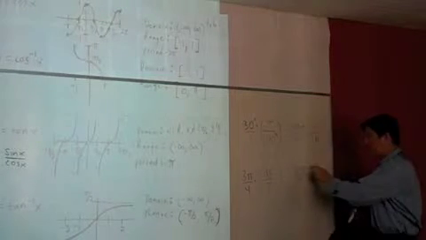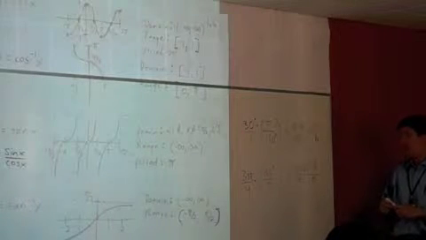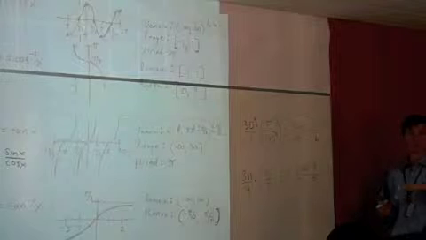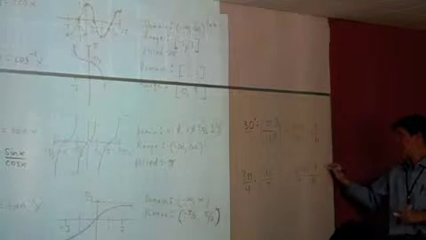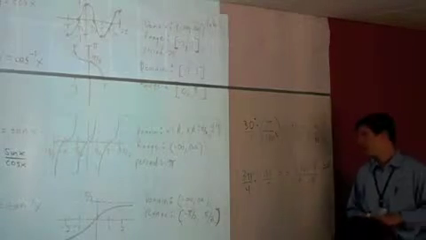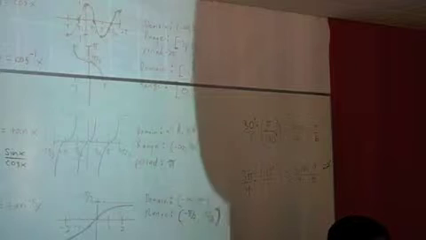These cancel out. You have degrees on top, which is what you want. You multiply that all together, and what do you get? What's 3 pi over 4? 225. Good job. Yeah, 225. Okay? So that's how you convert from one to the other. Any questions on that?